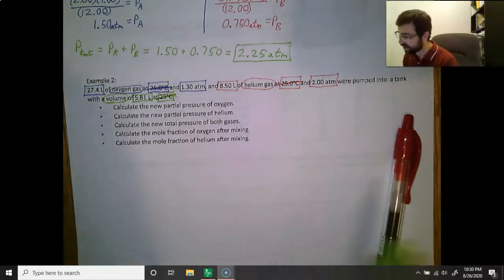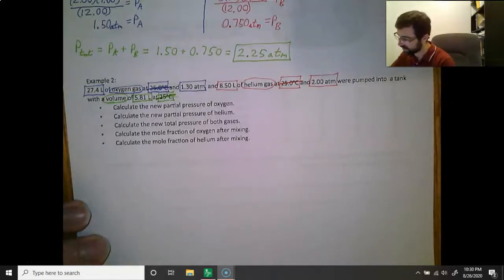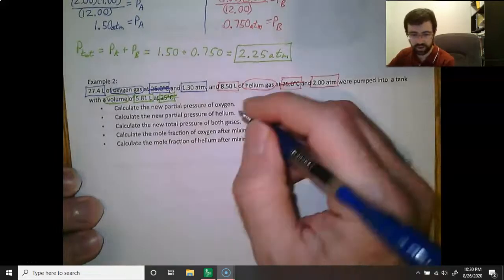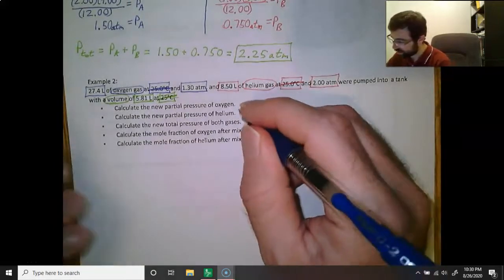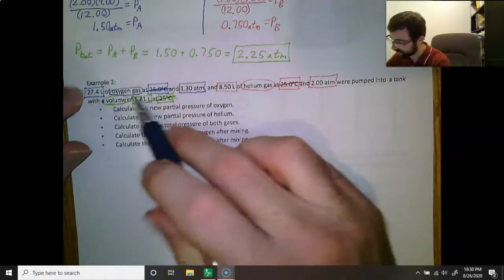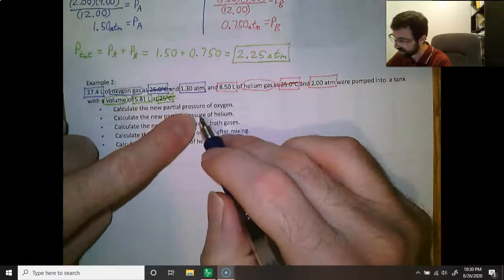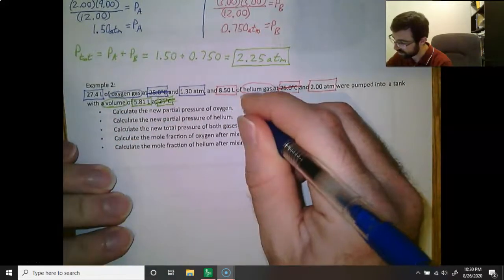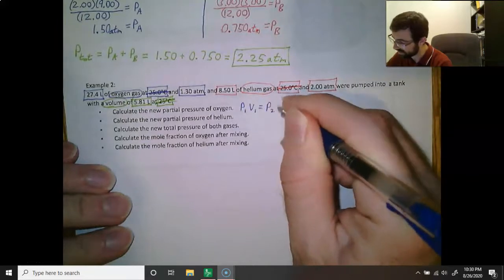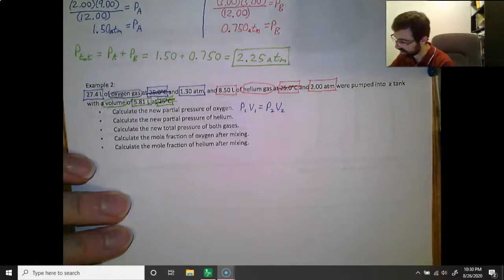Calculate the new partial pressure of oxygen. And what's changing? Pressure and volume. Because I'm going to get a new volume and I want to know what the new pressure is. So we're going to use P1V1 equals P2V2. We need to calculate the new pressure of helium.